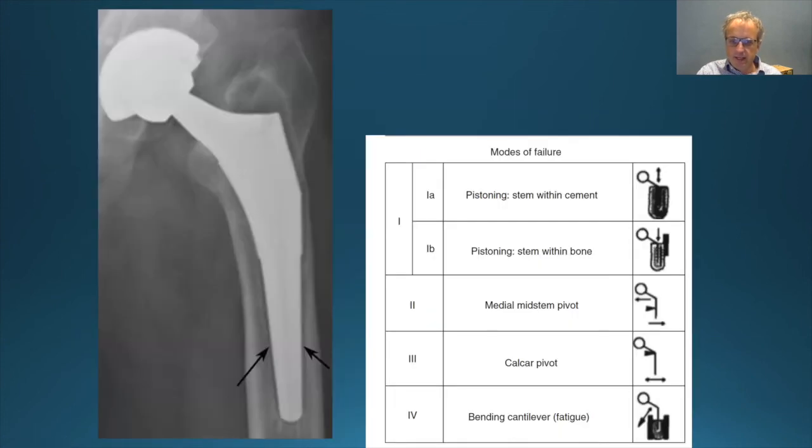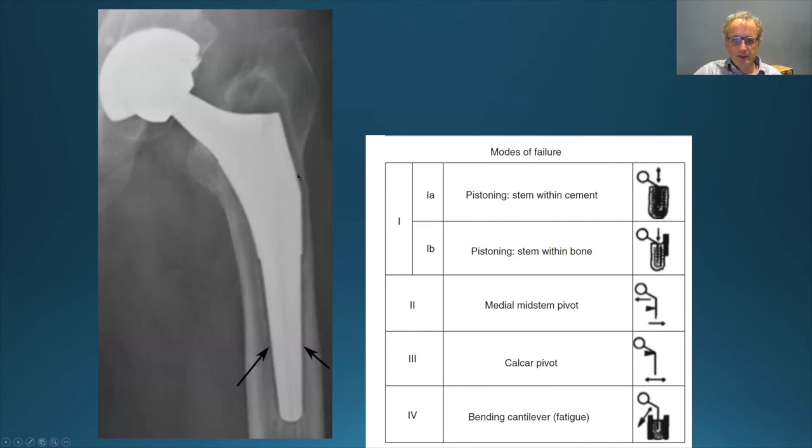So what's happening here? What sort of stem is this? Can you see cement? No. Has it subsided? Well, this is one of the proximal third coated prostheses, and this is the proximal bit, and that should have been at the neck cut. So that bit there was probably up here when it was put in. So what can you see here?